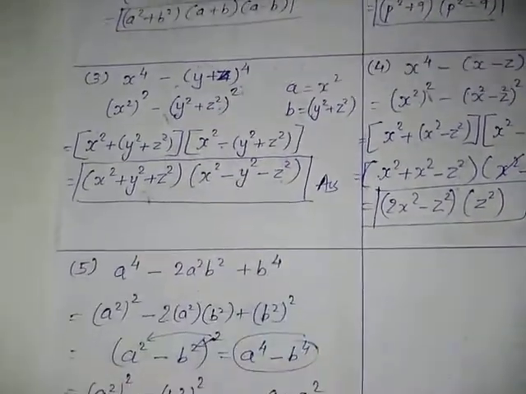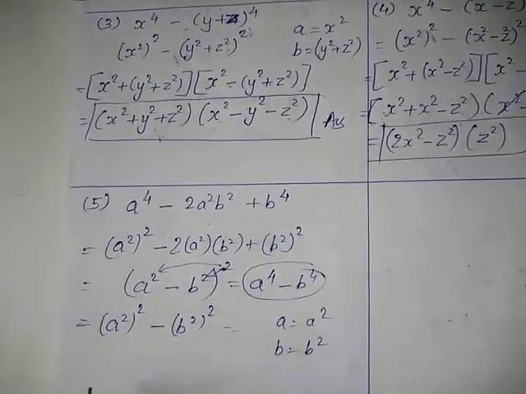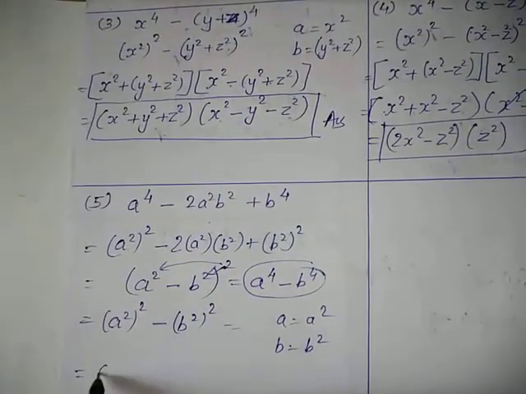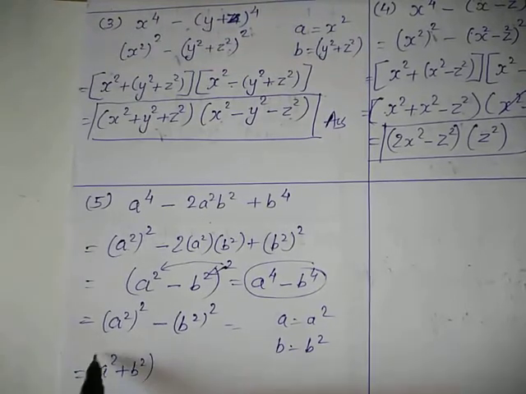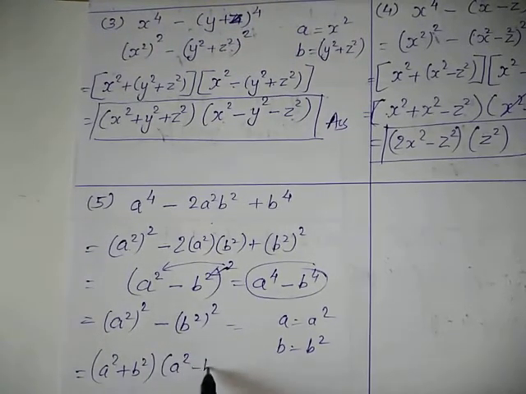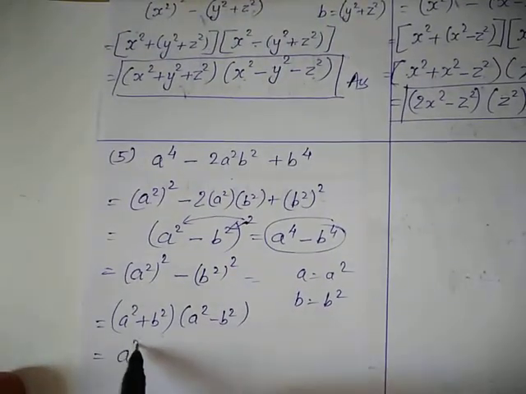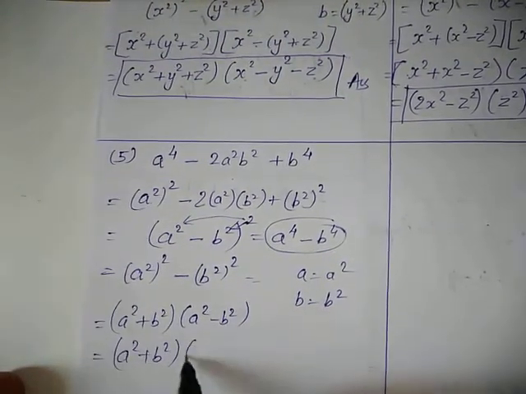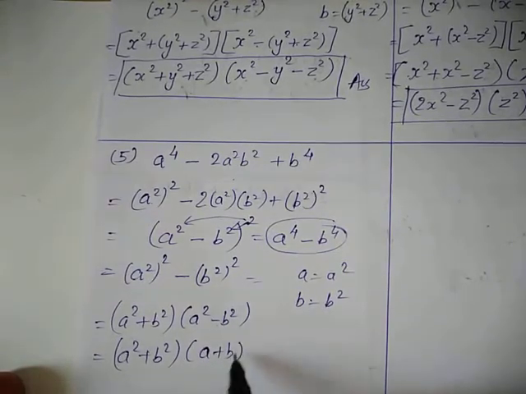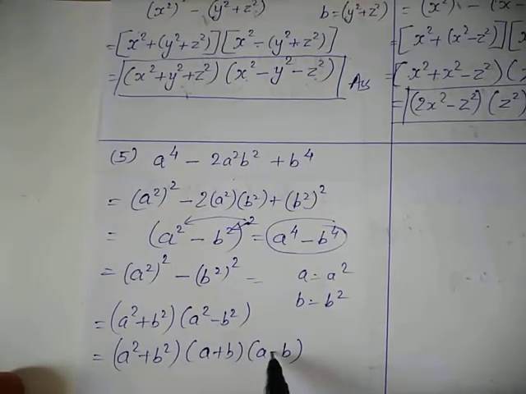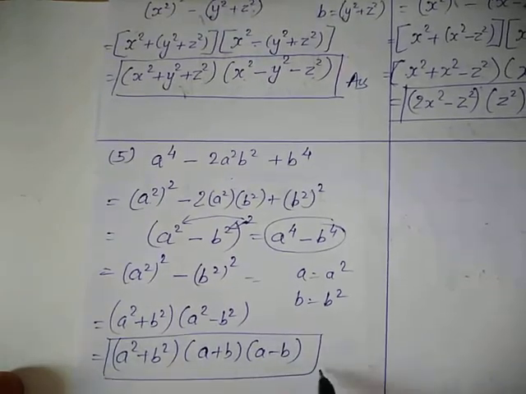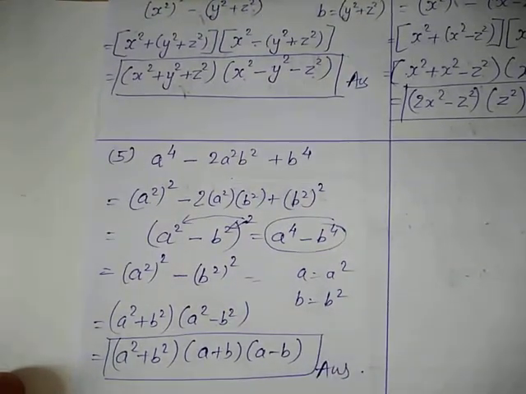So we have got a raised to 4, b raised to 4. Now one bracket plus a square plus b square, one bracket, and another bracket a square minus b square. So this can be still split, and a square plus b square is one bracket. Now this one, a plus b and a minus b. So these are the factors of it.